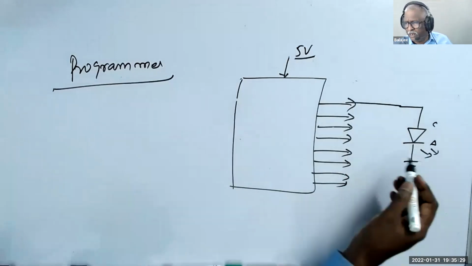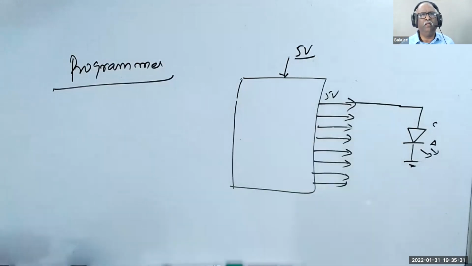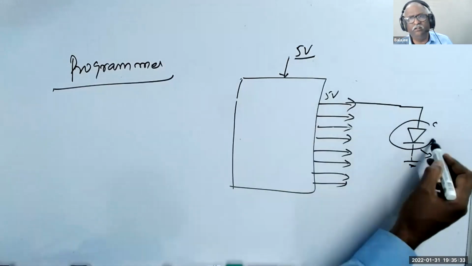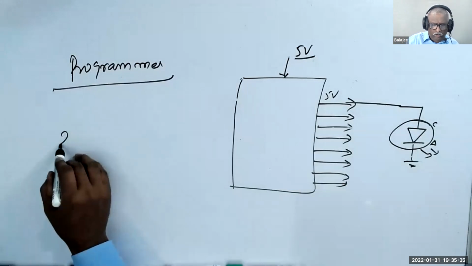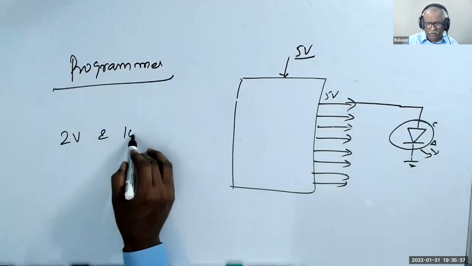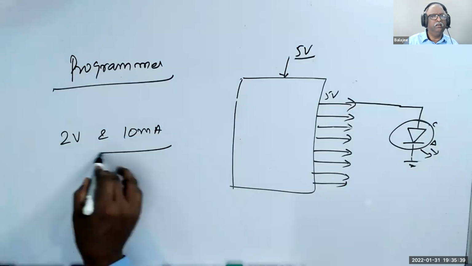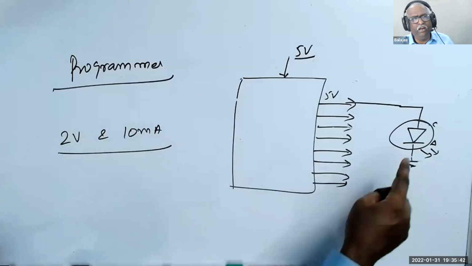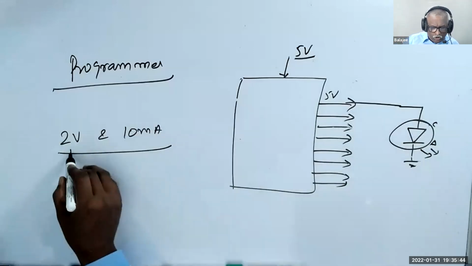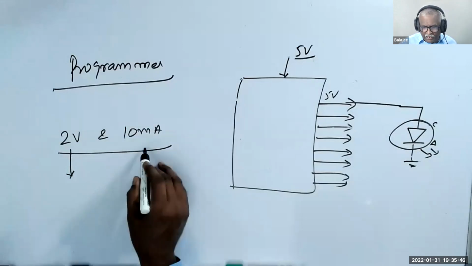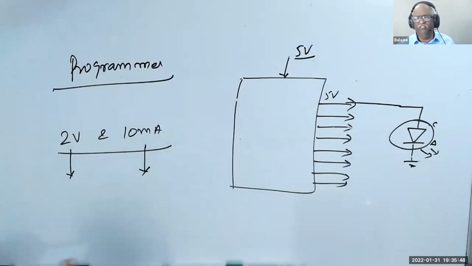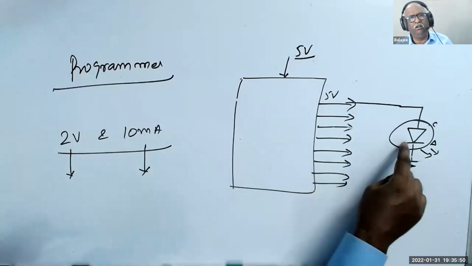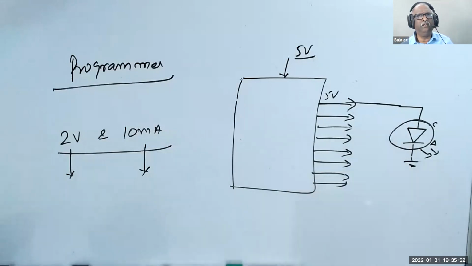So the LED is forward biased, but you are applying 5 volt. The LED manufacturer said you should give only 2 volt and 10 milliampere. That means if you give more than 2 volts and more than 10 milliampere, the LED will blow up. It will get spoiled. That is what the manufacturer has given you.